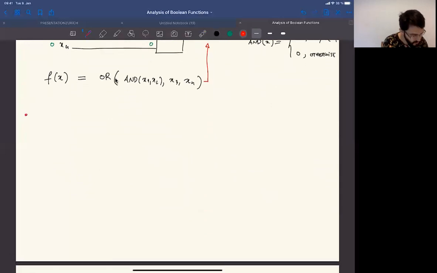And now Boolean functions have multilinear polynomial expansions. A multilinear polynomial is just a polynomial P of x that can be expanded in the following way.